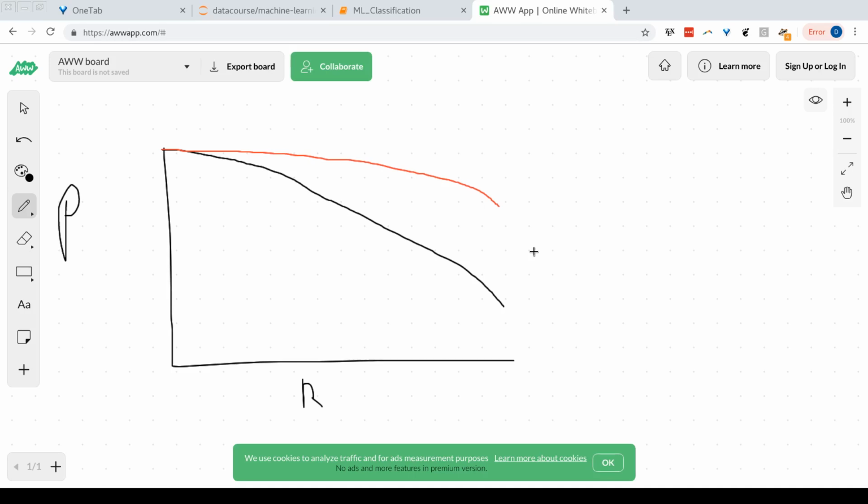Is it the black or is it the red? We want to go with the red model because it represents a less severe trade-off. As you increase the recall, yes, precision drops, but not as much as the model represented by the black curve. So the red model is the better model to go with.